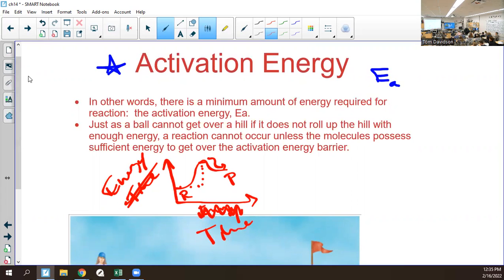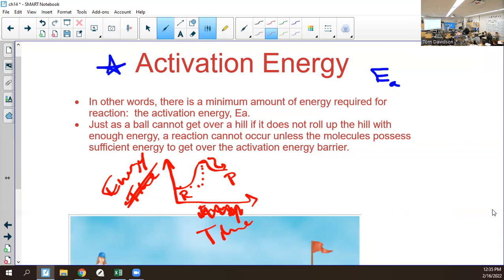All right. So this follows the previous slide. And it says, in other words, there is a minimum amount of energy required for a reaction to happen. If you don't push the Legos hard enough, they'll never stick together. In chemistry, if they collide but don't have enough energy, the reaction never actually happens.